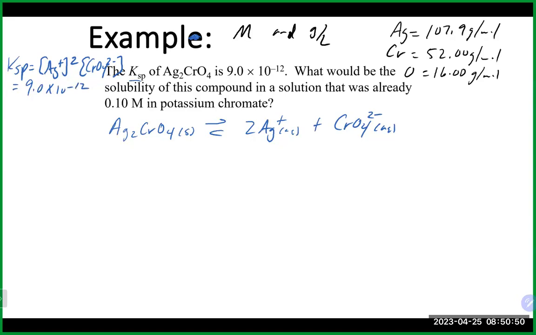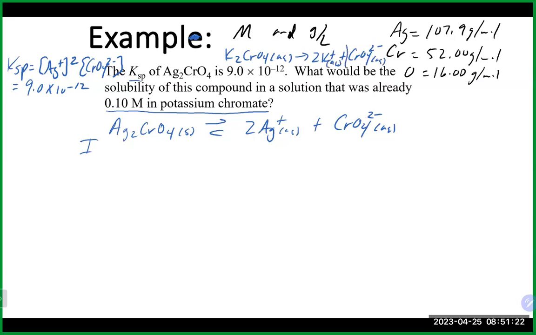Going into our ice table here, we do want to also realize that we have it in a solution of potassium chromate, and potassium chromate would be K2CrO4. That is going to be soluble because it's attached to potassium, which is soluble in everything. That means it will break apart into a couple of potassiums and a chromate ion in this case.